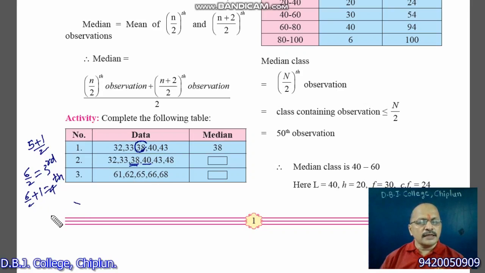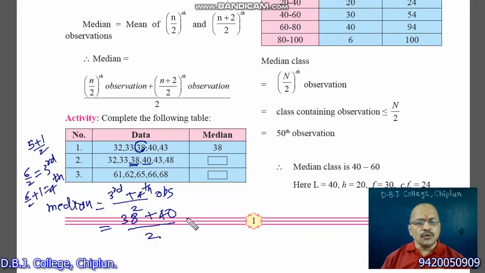So here in the second case, median is equal to the third observation plus the fourth observation divided by 2. That is 38 plus 40 divided by 2. So your answer is 39. So here in this rectangle you will write 39.